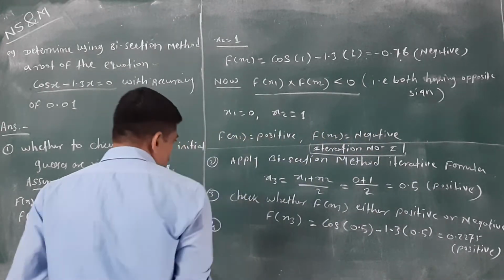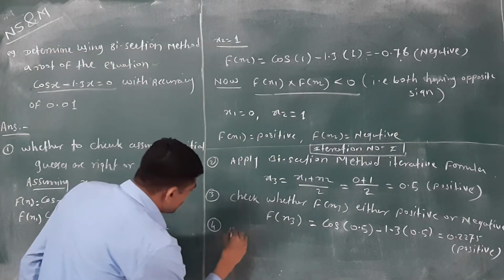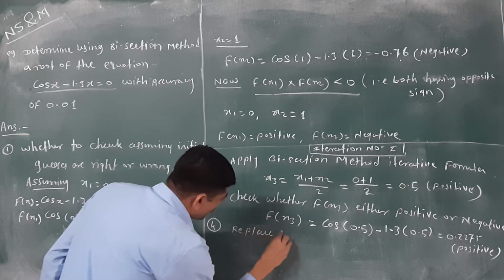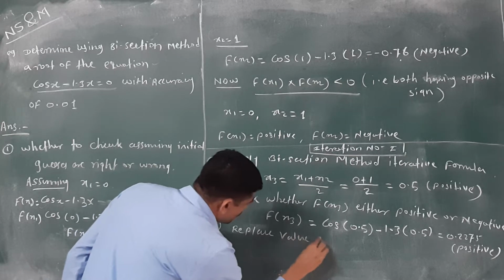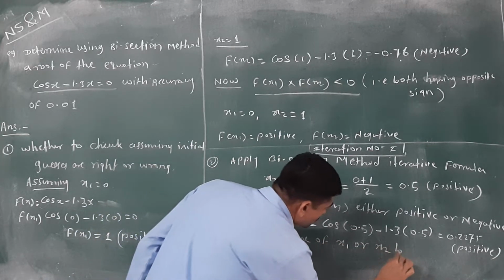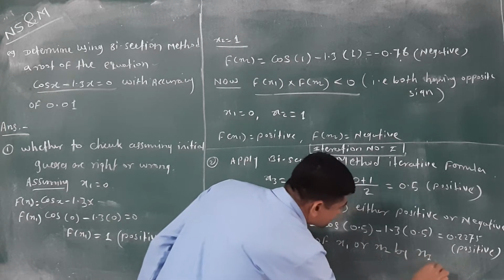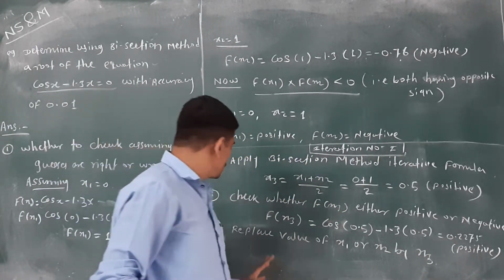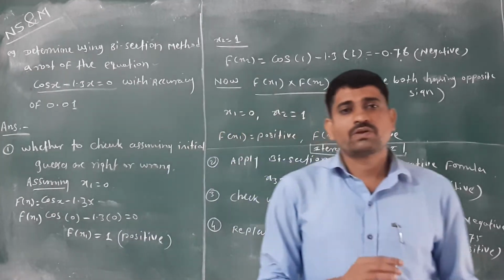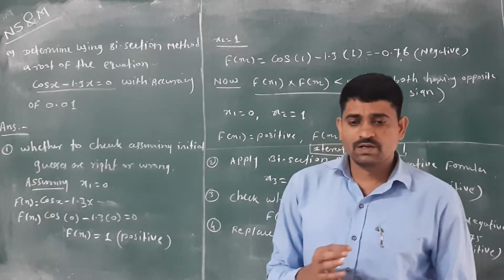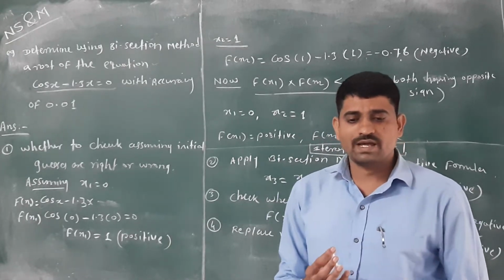What is step number 4? You have to replace the value of x1 or x2 by x3.